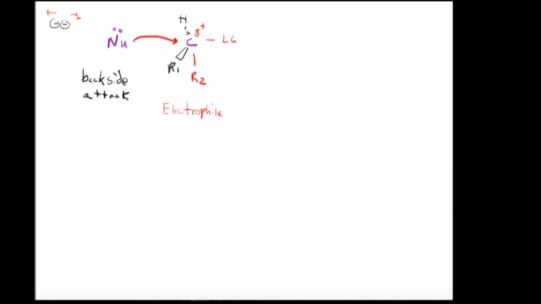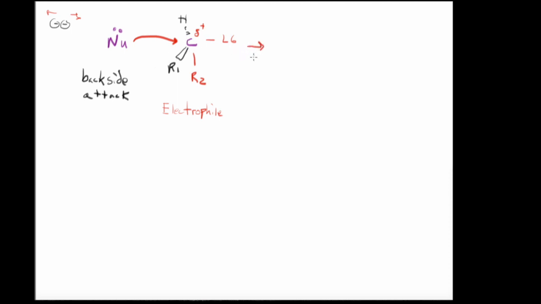If the R groups are highly complex within themselves and we were to substitute this H out for another R group, then backside attack might be completely impossible. So we see SN2 reactions happen most often on electrophilic carbons that have very little structure involved in the electrophile. So let's look at the mechanism.